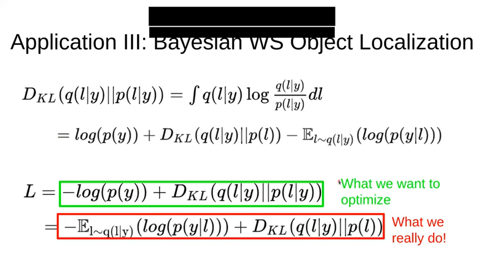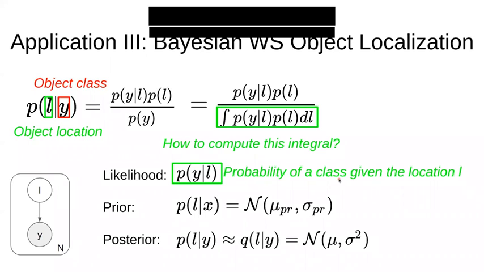If you take pictures where you know there is an object, isn't P of y equals 1? If each one of the pictures contains a cat.